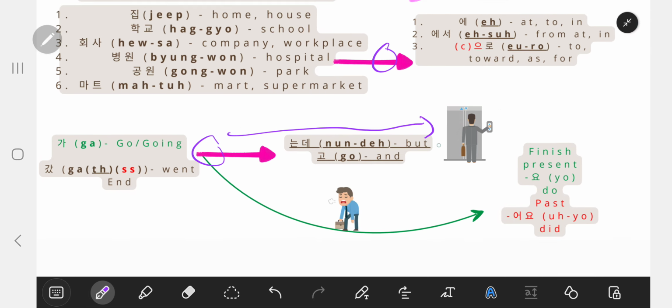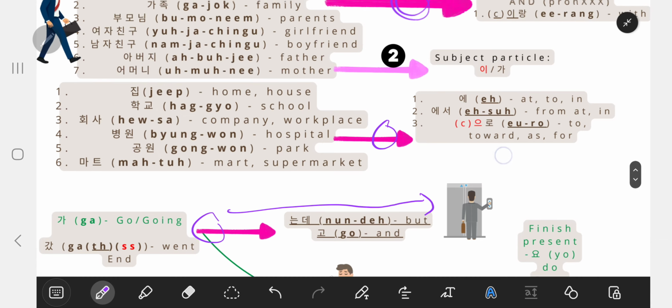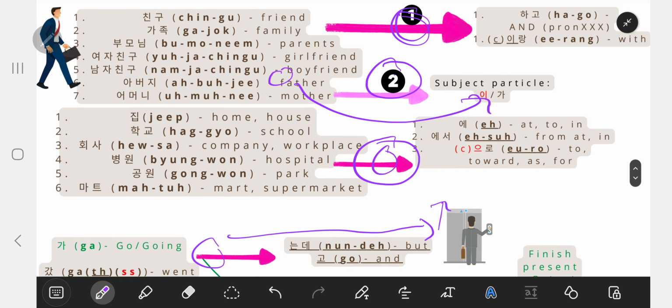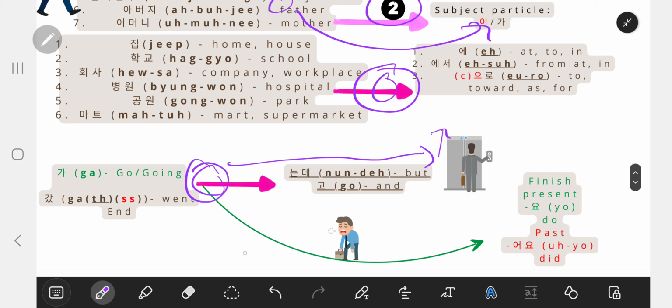You go here, and then you go back up since he's riding an elevator. So you go back up, and now you start from 2. So boom, you go here, then you use this again, and then you go here, and then the elevator man is tired, right? He doesn't want to keep going up and down, up and down. The second way, you go here, finish off the verb.